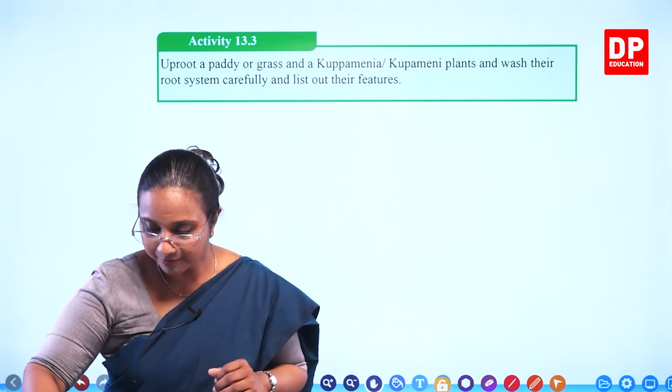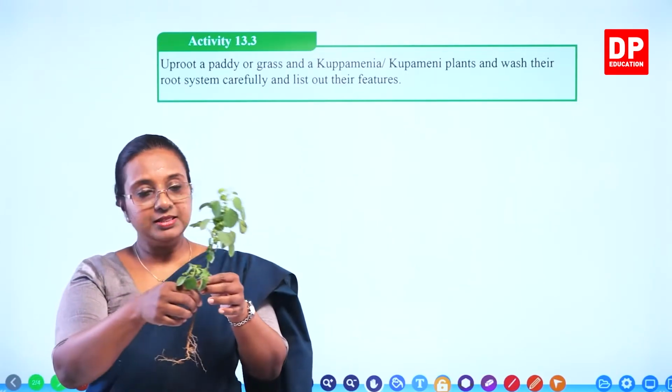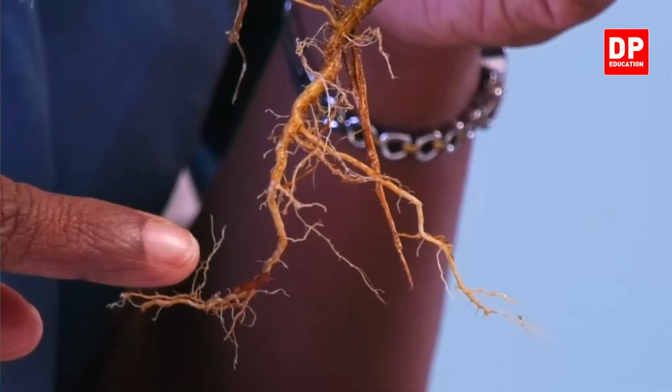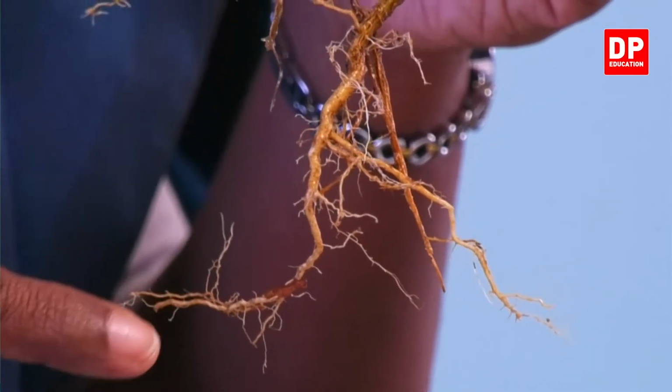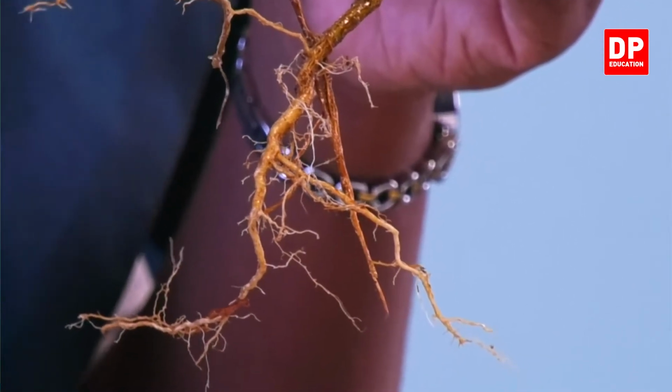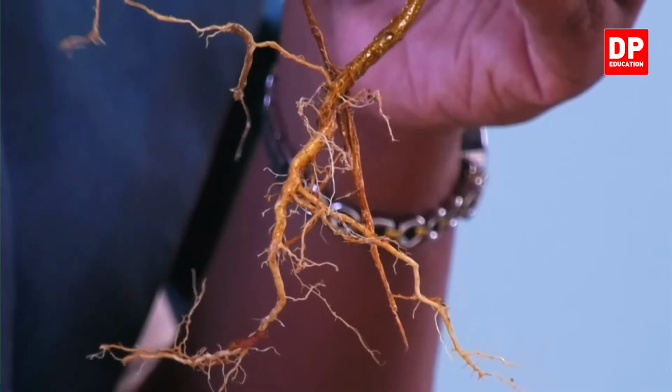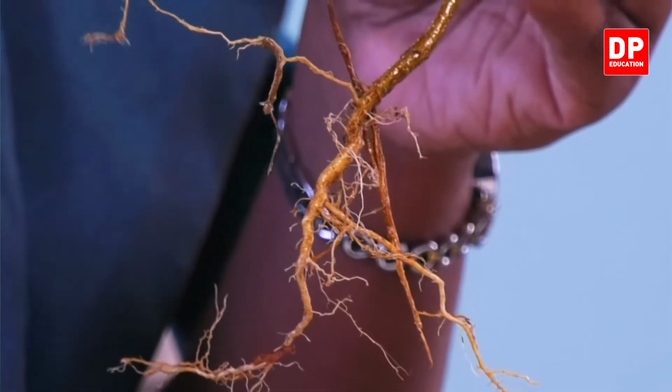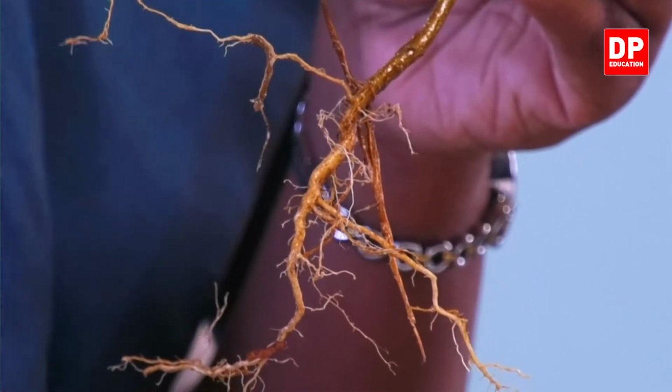Now here I have a Cupomania plant. In this, if we start with the root system, you can identify the taproot here and all the lateral roots. Can you all see that clearly, students? I'm sure you're familiar with this, but you all can observe it clearly.